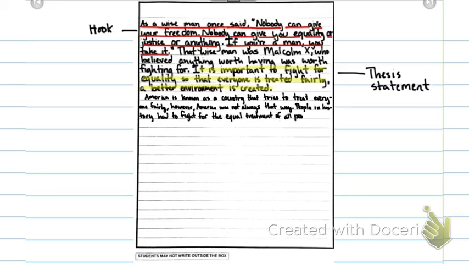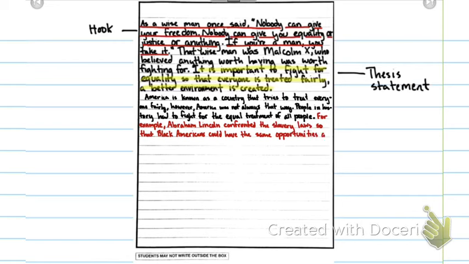I decided to make some changes to my topic sentence, and I decided to change my example. So instead of using the immigration example, I decided to use Abraham Lincoln for my body paragraph as my concrete detail. As you can see, I put my concrete detail in red, and I put my commentary in green.